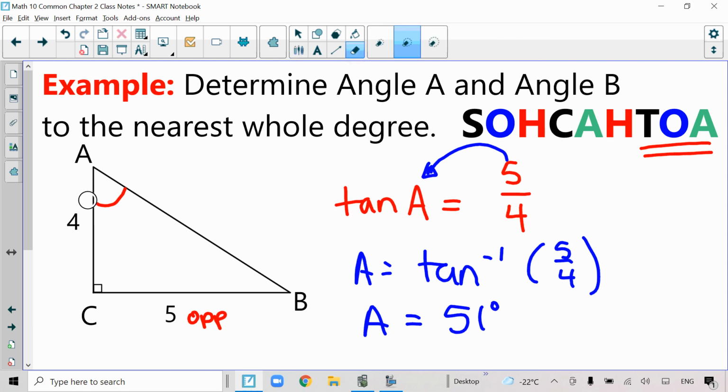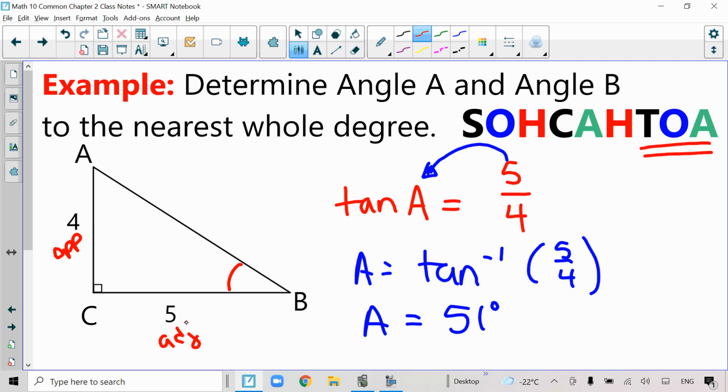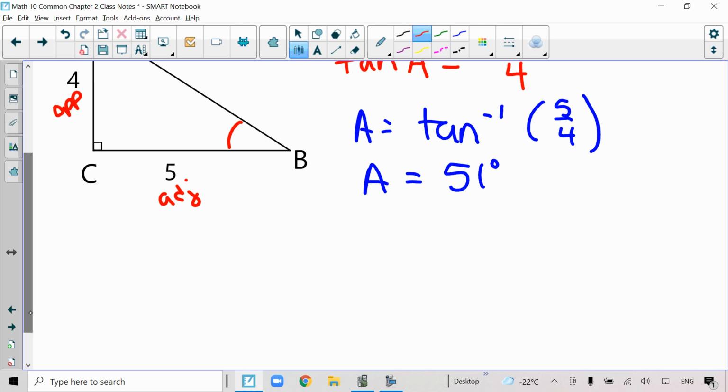Okay, so I'm just going to erase these here, and I'm going to now find angle B. So now I'm looking at angle B here. Looking at angle B, this side is now opposite and adjacent is right beside it. So let's go ahead and do that.